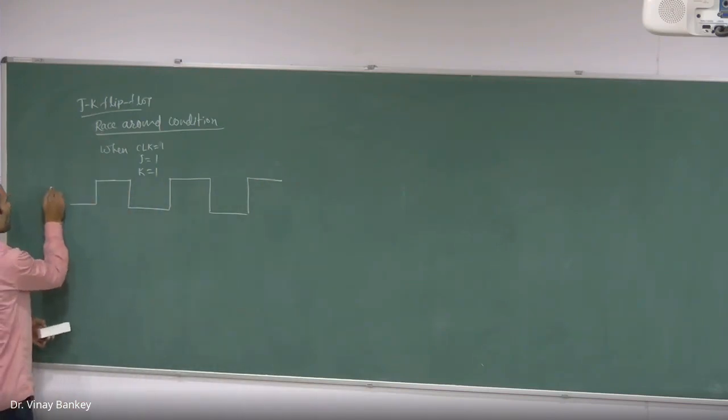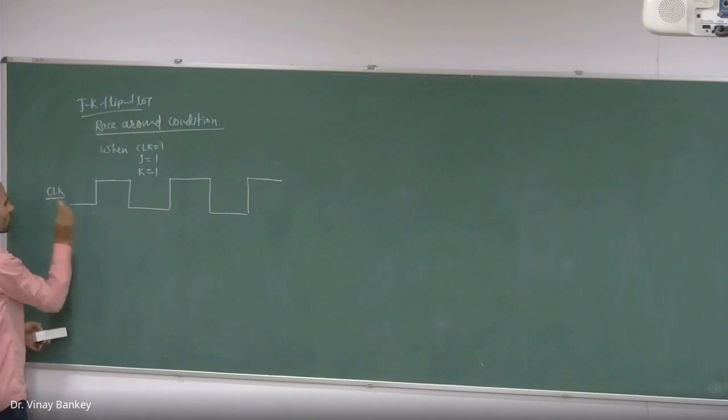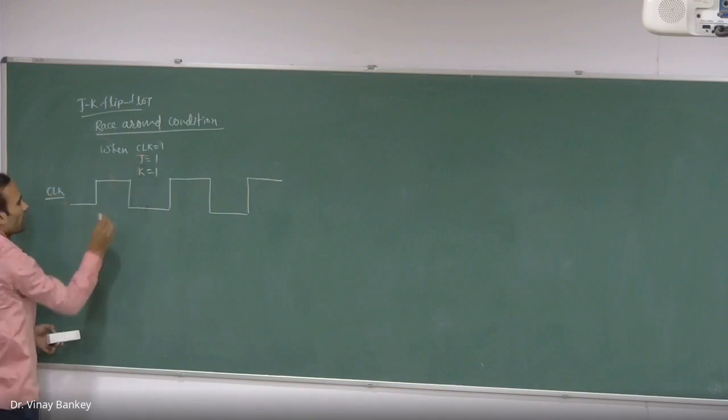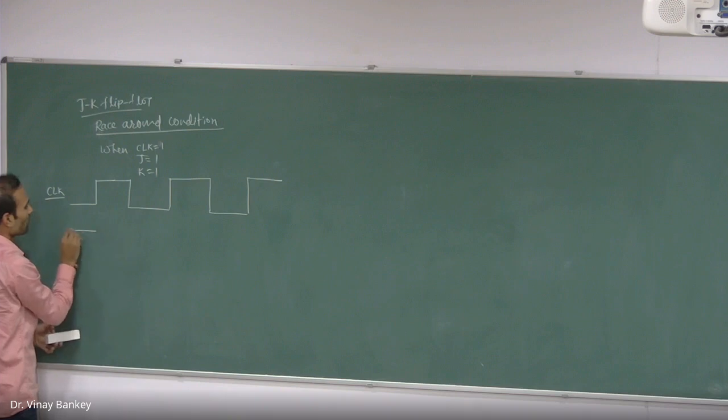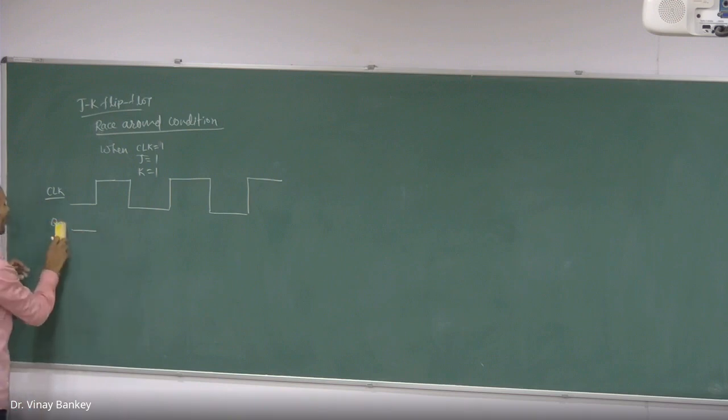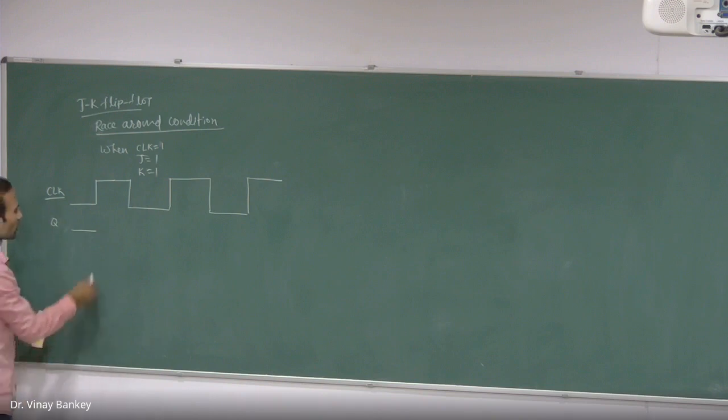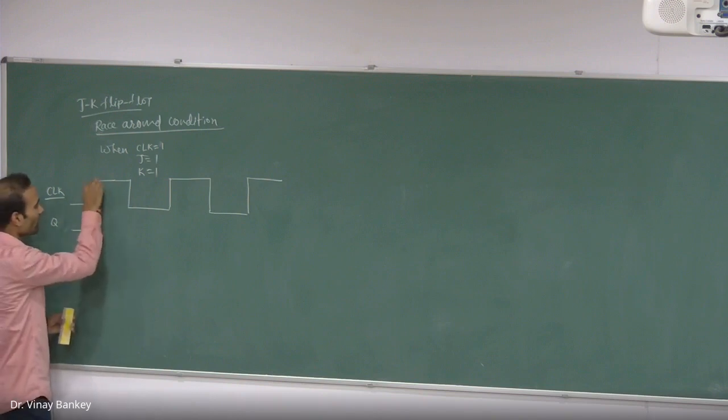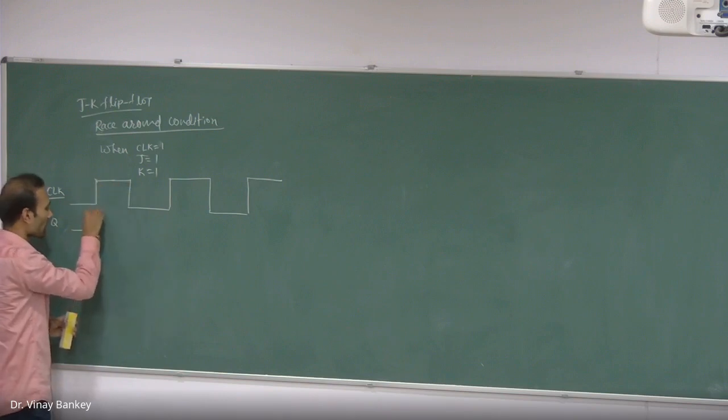Okay, so let me call this my clock pulse. When J is high and K is high, and let's suppose this is my Qn, the output of the flip-flop, that is Q. It was 0. As it sees the high level of the clock pulse, it becomes 1.